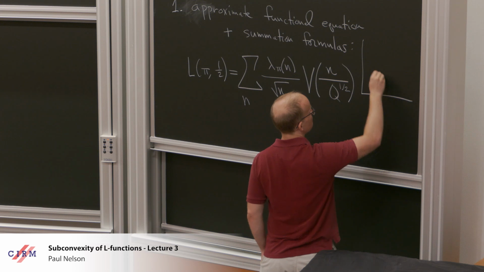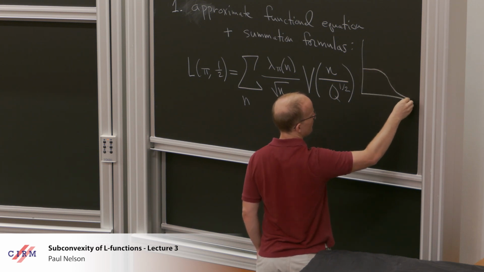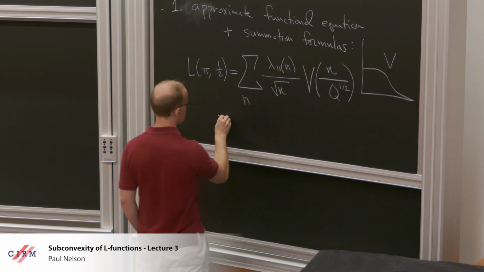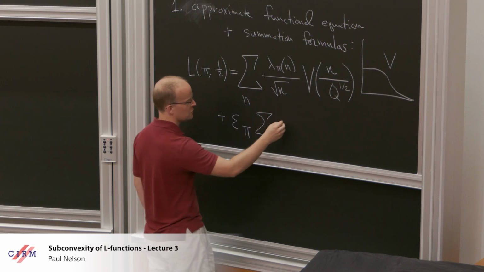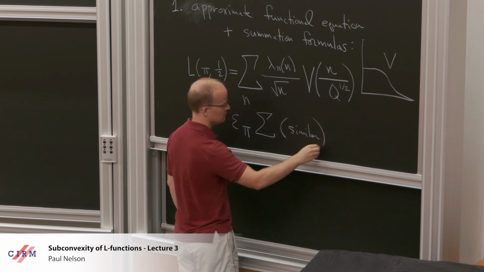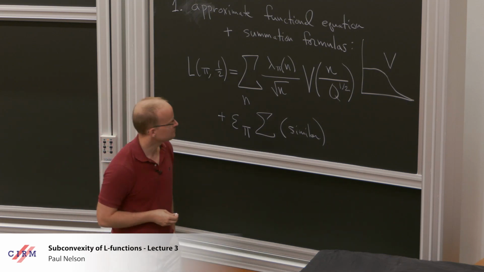So here v is a function that looks something like that, plus some other sum involving the root number that looks similar. So it'll involve a conjugate, but otherwise it'll have a similar shape.